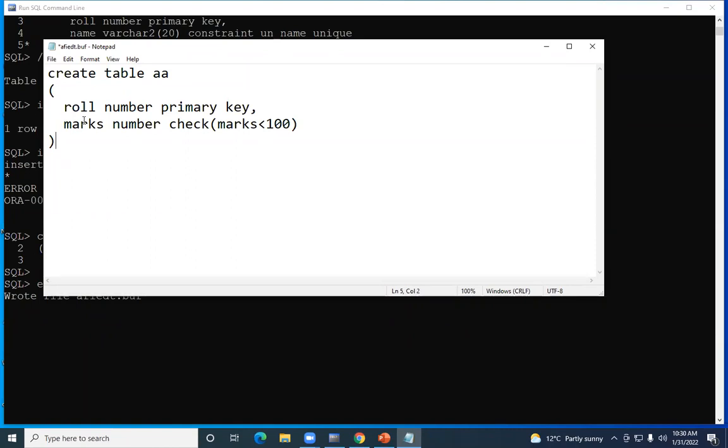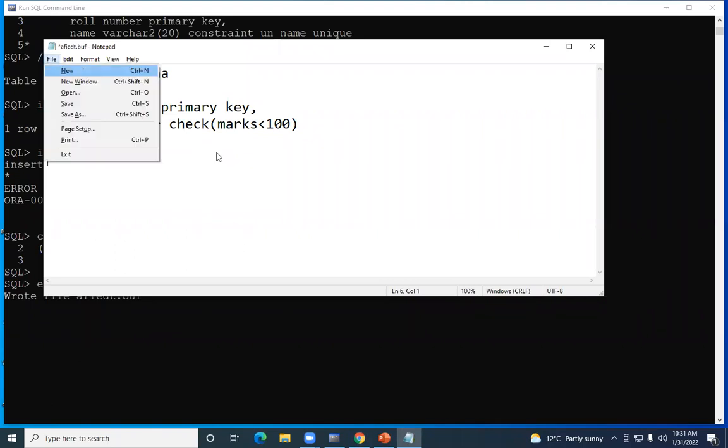So what I've done here, there is a marks column, and I'm putting some condition on it. I'm using check, the condition in parentheses. So now the marks should always be less than 100. If you try to put more than 100 marks, then it should be giving you some error. And I've not given any name to this constraint, right?